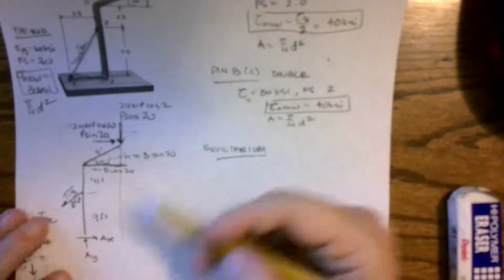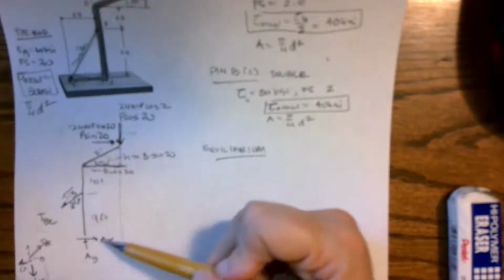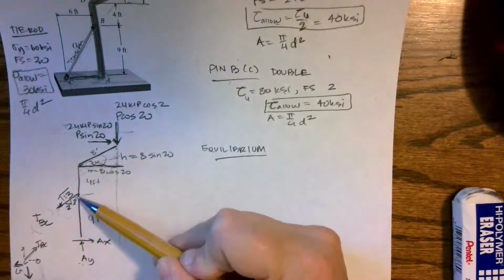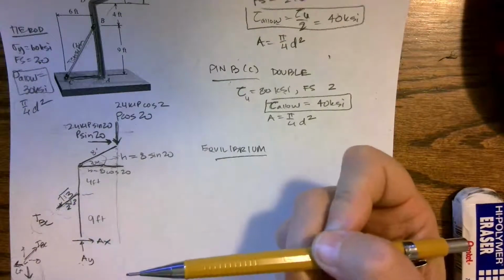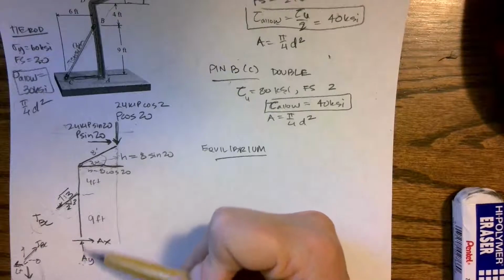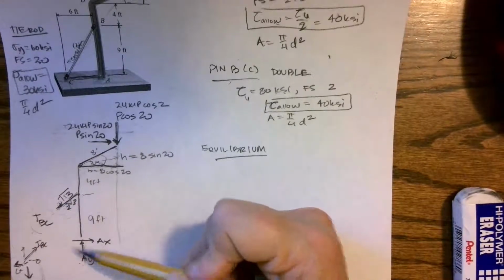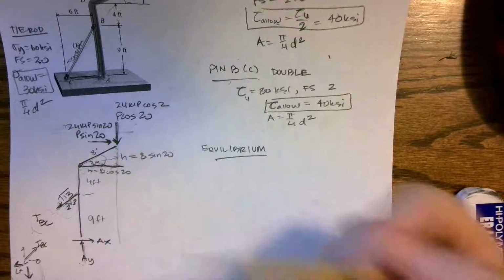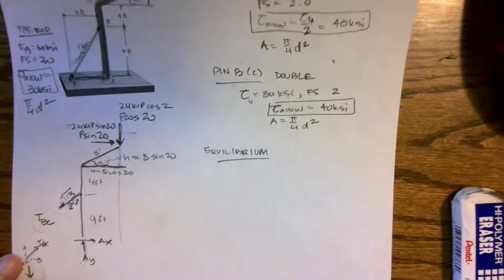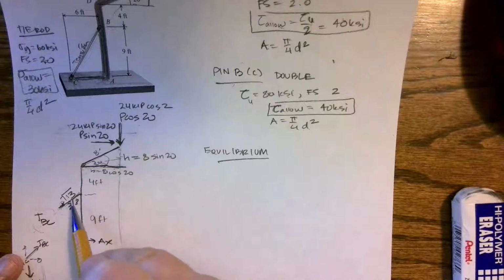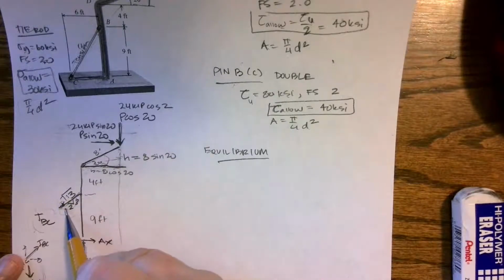If I sum forces in the x direction, I've got Ax, and I have the x component of TBC, which is 2 over square root of 13. If I sum y, I have the y component, so summing x and y is still going to leave me with 2 unknown values. But I do know how the x and y components of this tension are related.